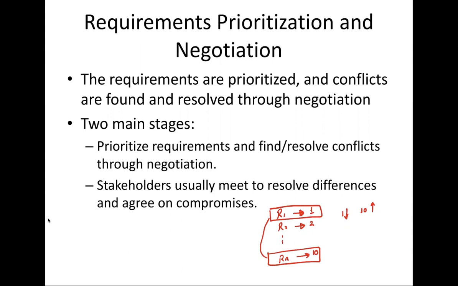So in the requirement prioritization and negotiation phase of requirement elicitation, keep in mind that requirements must be prioritized, and because we give different priorities, it might end up with conflicts. Assume stakeholder one says my requirement is of priority 10, and then stakeholder two says their requirement, n+1, also has priority 10. So we now have two requirements of the same priority.